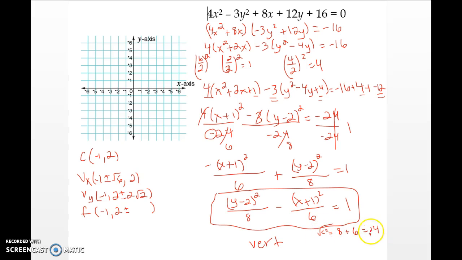And then we want to simplify that. So c equals square root 14. We cannot reduce that radical, so we would just leave it, or you can put it in a decimal if you want. And our asymptotes, y equals k plus or minus b over a, square root 8 over square root 6 times x plus 1.